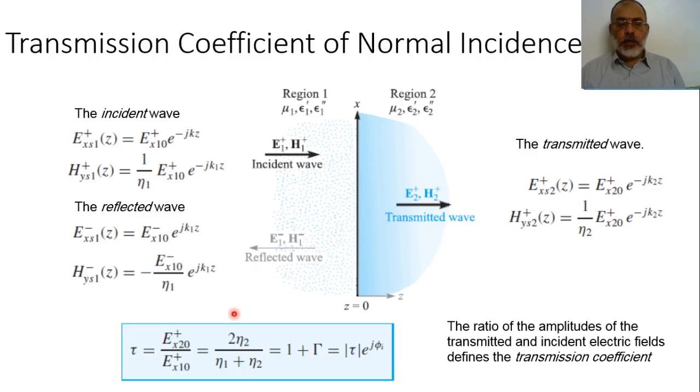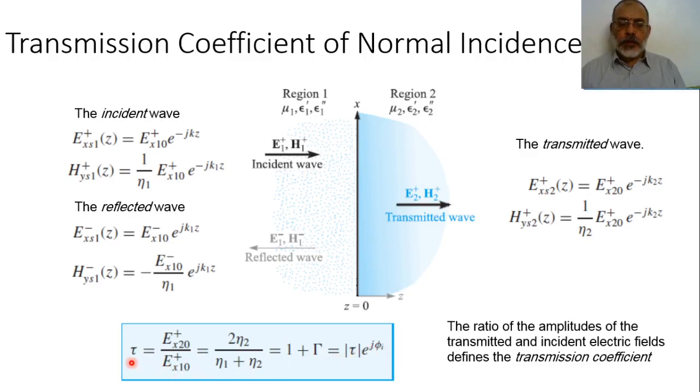And once again, these intrinsic impedances, in general for lossy media, are complex values. So the transmission coefficient in general is a complex value which has an amplitude tau and phase phi t.